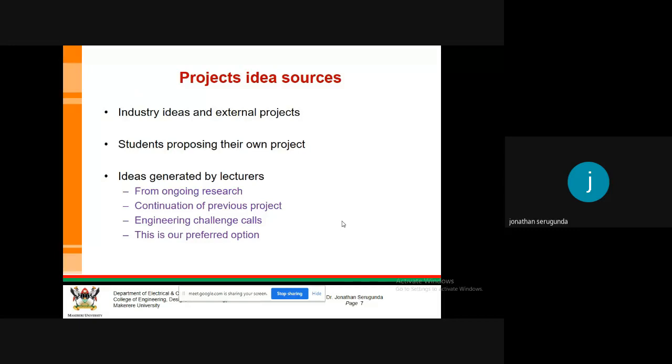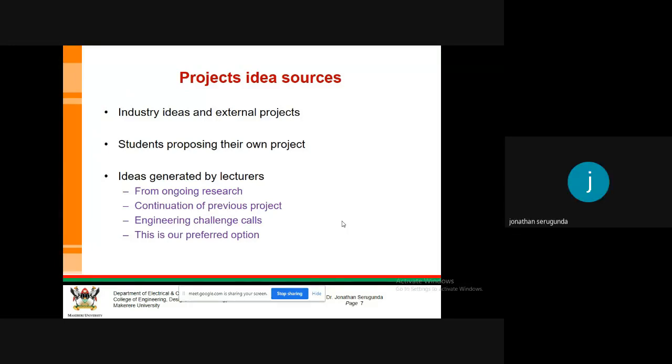And this could be part of their ongoing research or a continuation of a previous project. These days we have so many engineering calls, ICT calls, COVID calls, and a supervisor or a lecturer gets an idea and says, look, I can develop this with my student. So it could be from that.